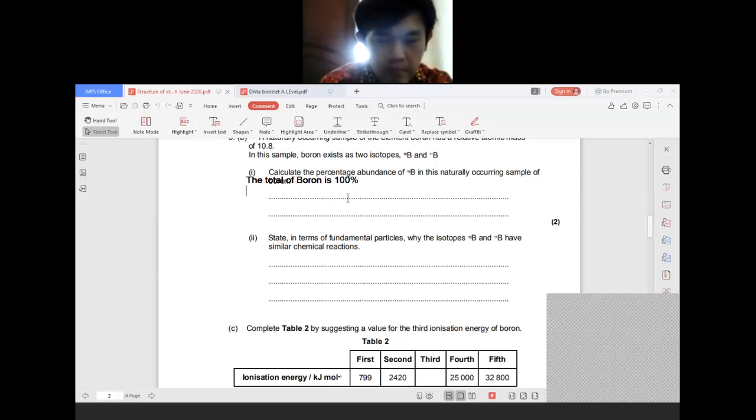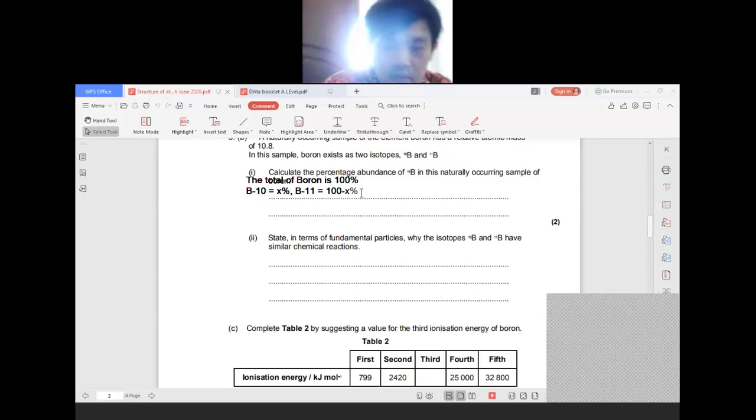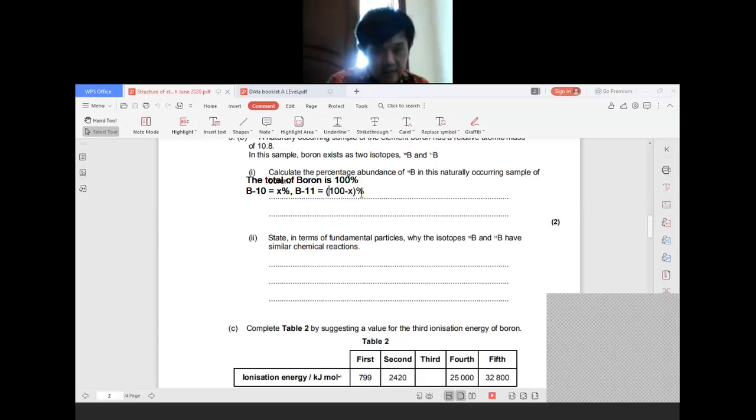So B10 equals x percent, and then boron 11 equals 100 minus x percent. Wait, this one should give bracket. Can you find from here, Celine?